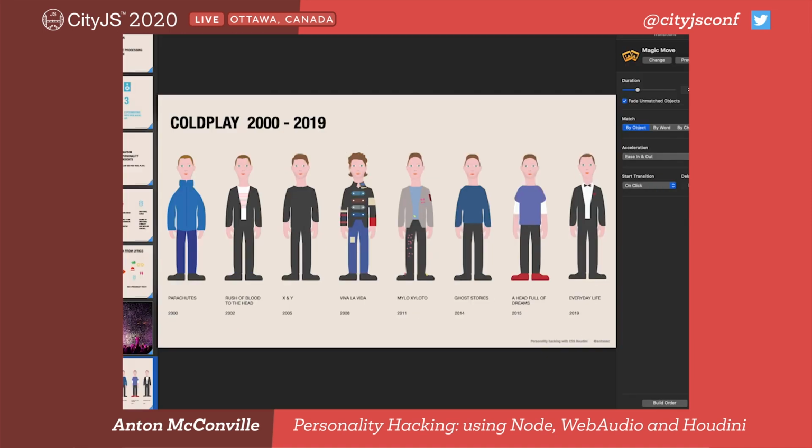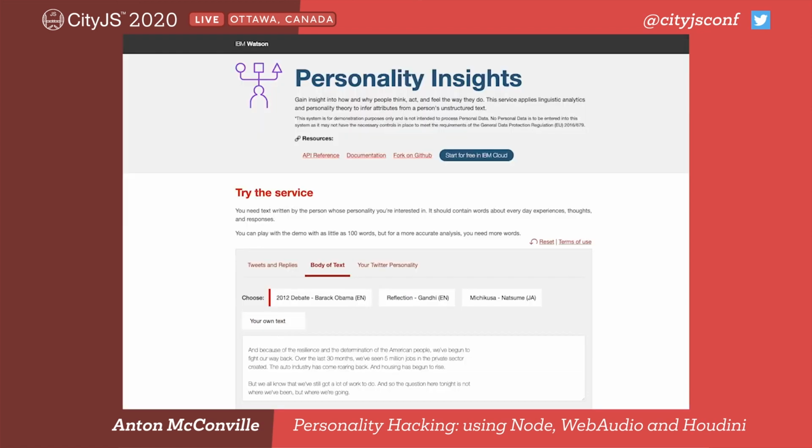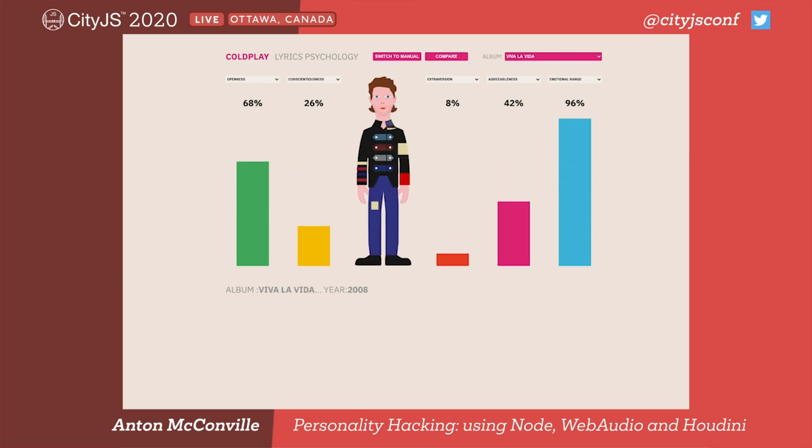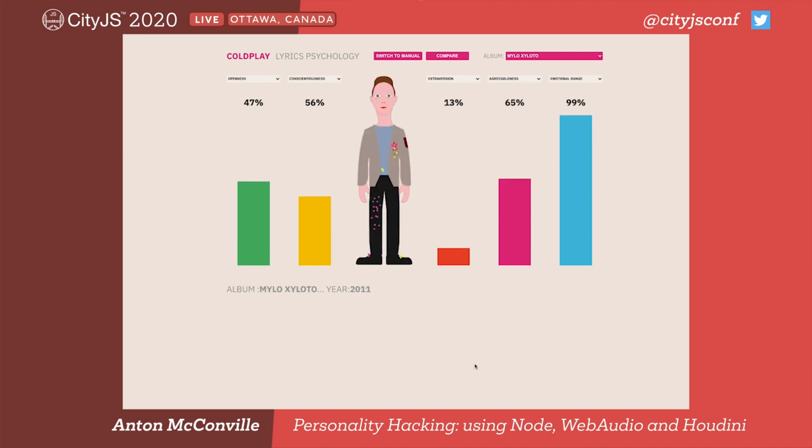And so I can go through how that project turned out for Coldplay. This is what it looks like. Here, I've made the Chris Martin era figure front and center.